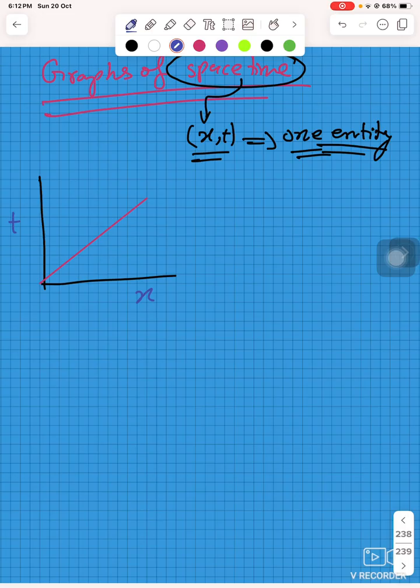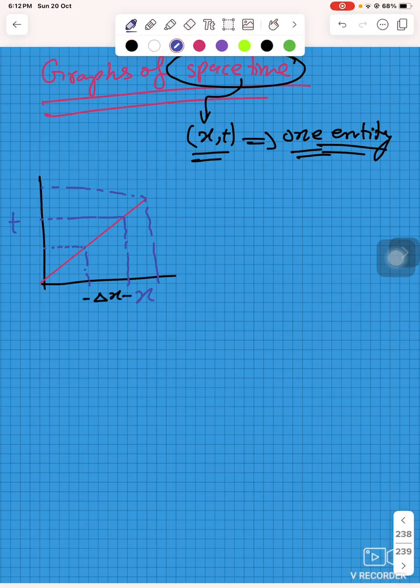So we see here that as there's an increase in time, there's an increase in x, the interval.